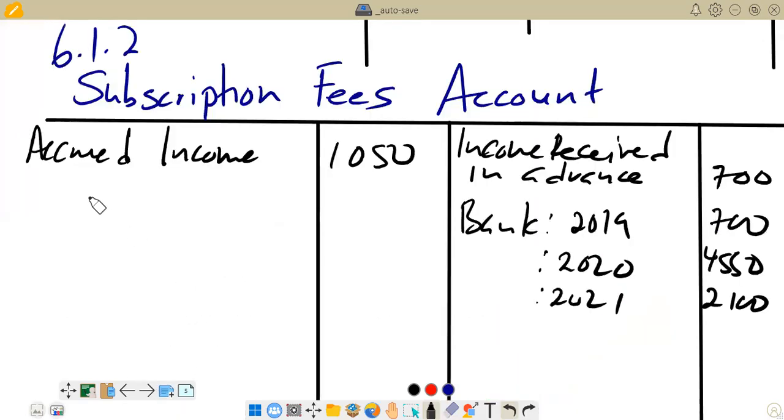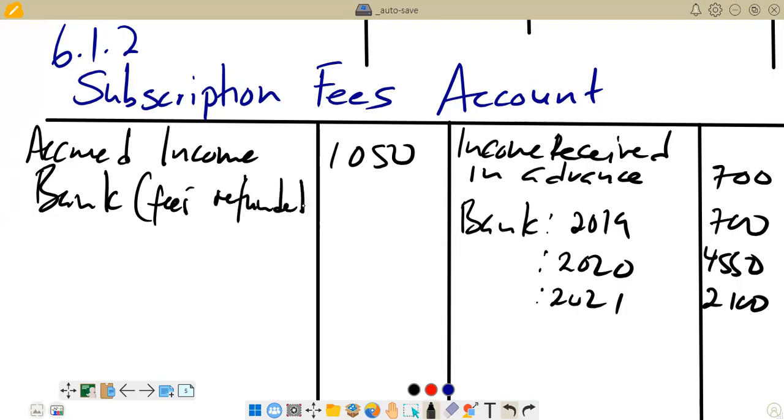Here you can just say bank, and in brackets you can show the description, that is a refund, fees refunded. And then the amount is 1,400. So this is what we have.